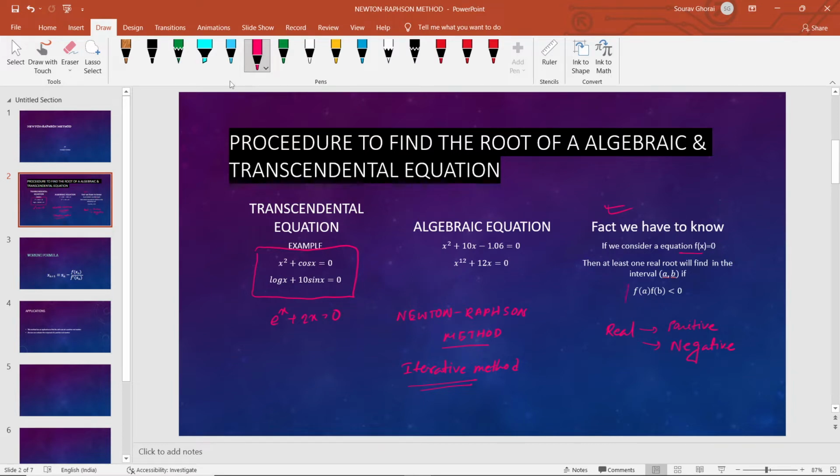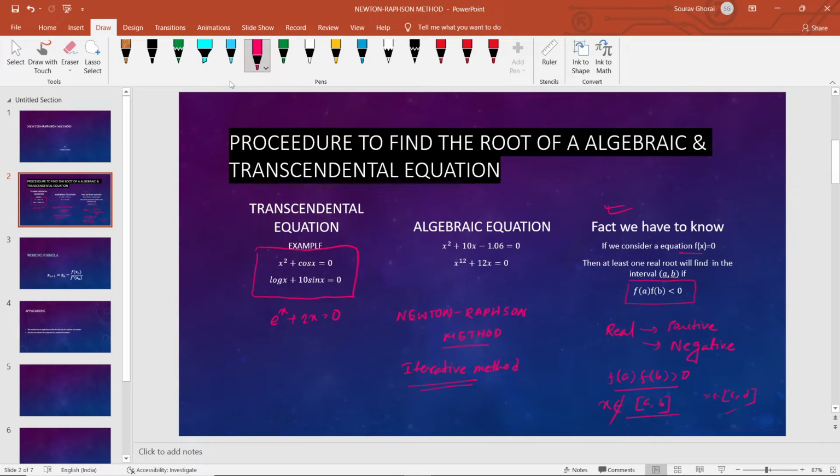That is, if f of a into f of b is less than 0. If f of a into f of b is greater than 0, then we can say the root does not lie in the interval ab. Suppose the root is x, then x doesn't belong to this interval, but it doesn't imply that the equation has no root. It may be somewhere else, say between c and d.